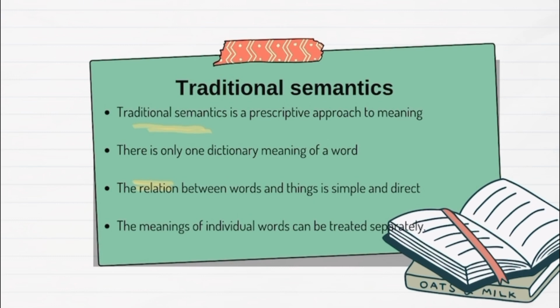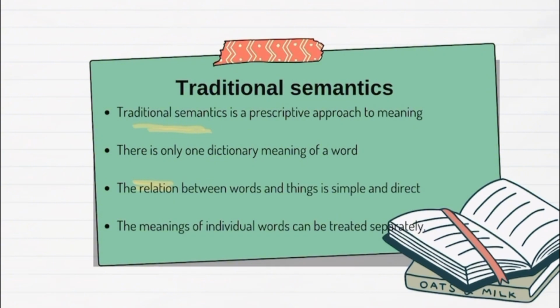There are three assumptions. Firstly, traditional semantics is a prescriptive approach to meaning that assumes that the meaning of a phrase or sentence consists of the sum of the meanings of its parts.